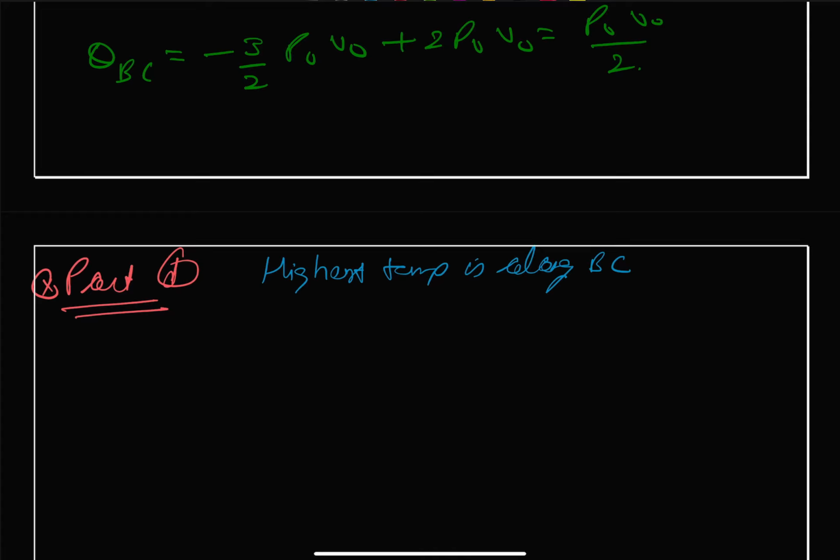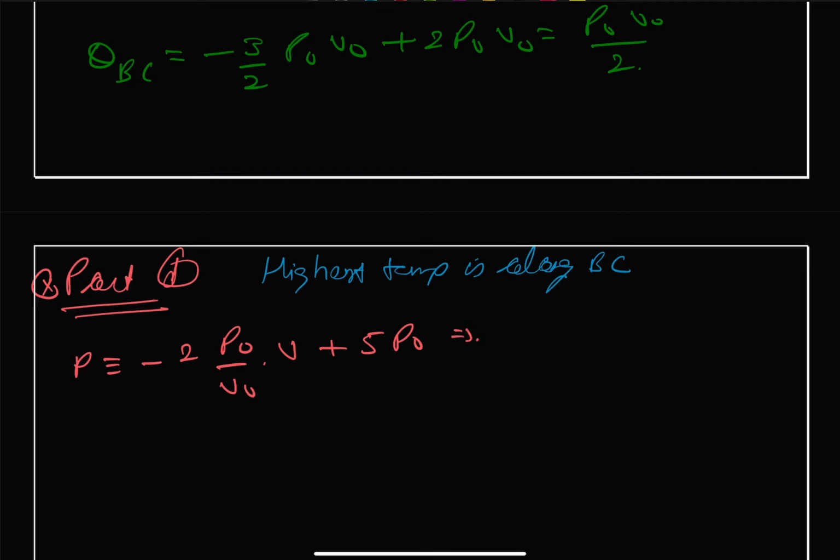The equation was P is equal to minus 2 P naught V naught multiplied by V plus 5 times P naught.